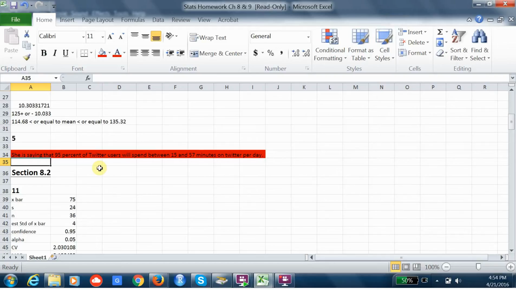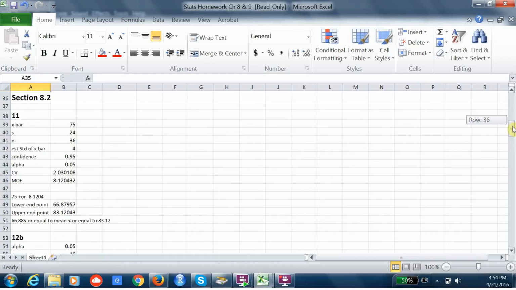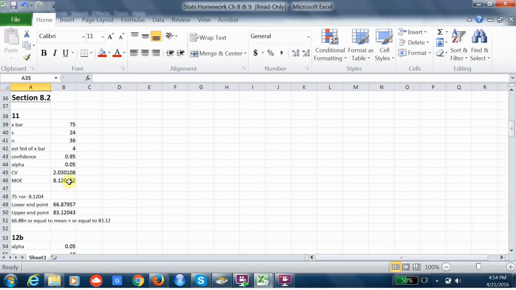Let's see. So then at 8.2, 11, we're doing a confidence interval. Okay, let's see. So the margin of error.